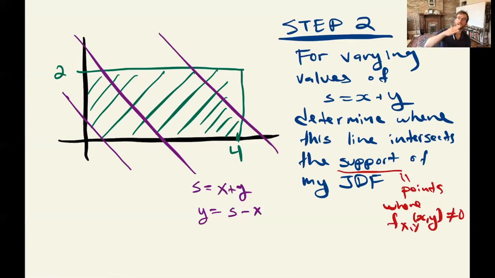But its offset, or its y-intercept, is determined by this sum value here. So what are our possible values of s? And then let's highlight places where there's some sort of dramatic change in the behavior. Well, here's a situation where s equals 0.